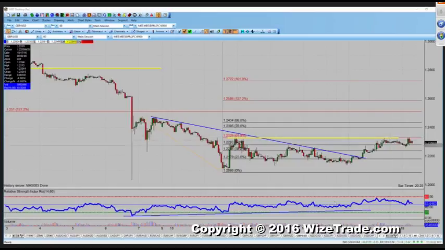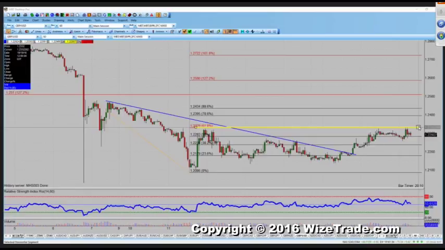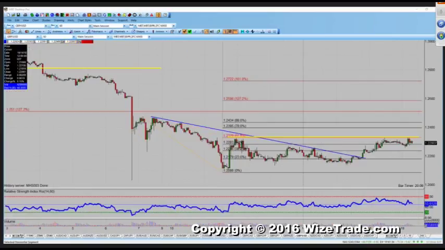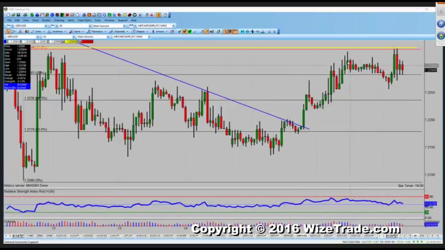However, we are once again, here, let me get rid of this RSI line. We are once again rejecting the key 618 retracement, which we wrote down yesterday, and we came within 0.4 of a pip yesterday.